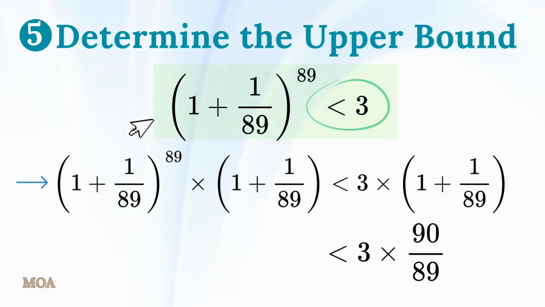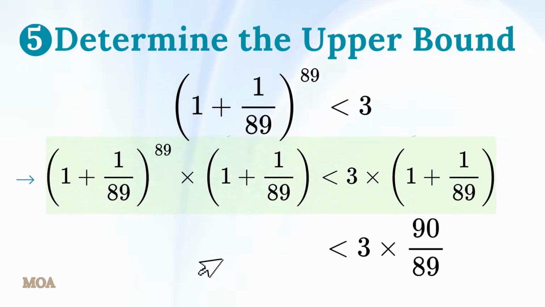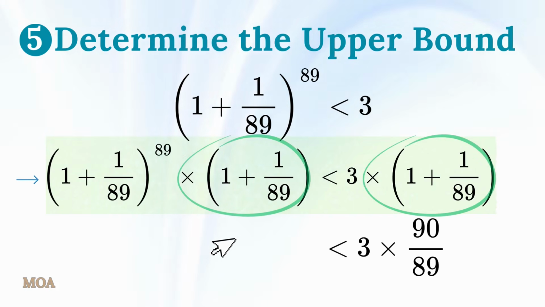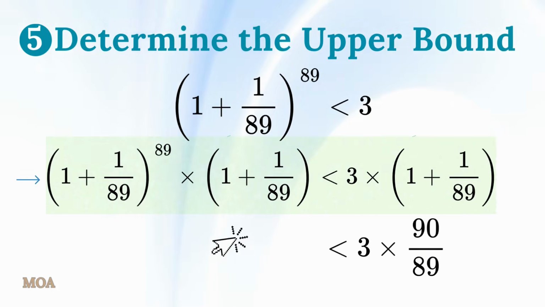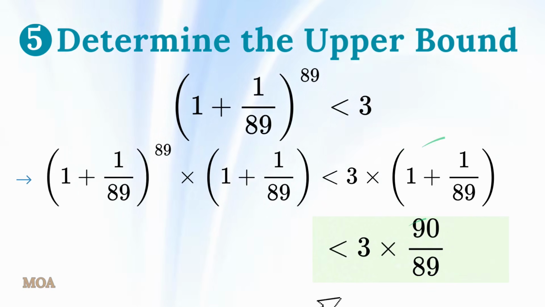Next, we multiply both sides of this inequality by the factor 1 plus 1 over 89. Since 1 plus 1 over 89 equals exactly 90 over 89, we obtain 1 plus 1 over 89, all to the power of 89, times 1 plus 1 over 89, is strictly less than 3 times 90 over 89.